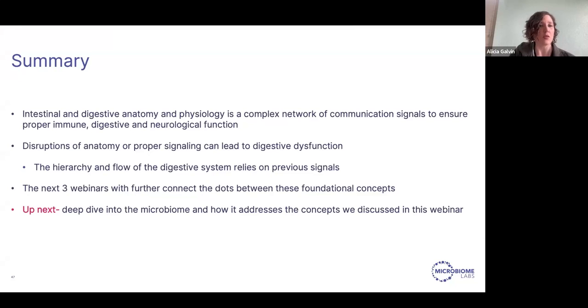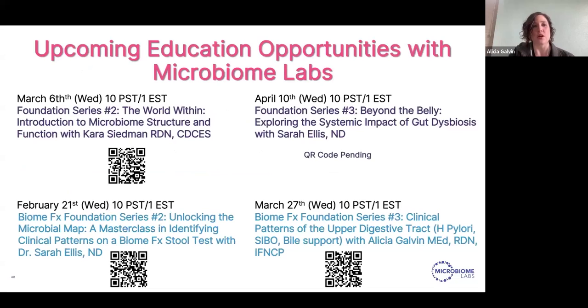There's some sort of a signal that is crossed, or there's a dysfunction going on. We have to understand that hierarchy and the flow of the digestive system and rely on those previous signals for things to work the way that they should. As you progress through these foundation webinars, you'll start to connect more of those dots between the foundational concepts.